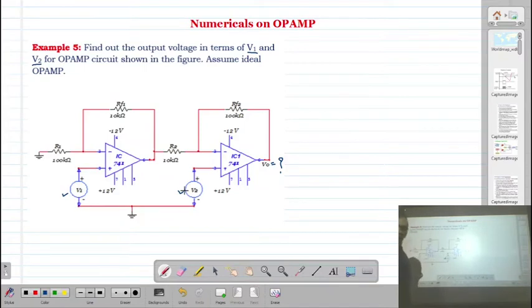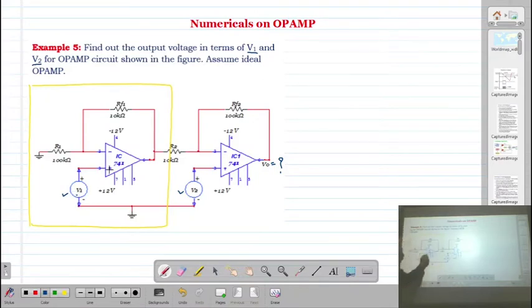Whenever this kind of problem is given, you have to identify whether it is an inverting or non-inverting amplifier, and for that you have to concentrate on both operational amplifiers one by one. Here, the first stage is not an inverting but a non-inverting amplifier.